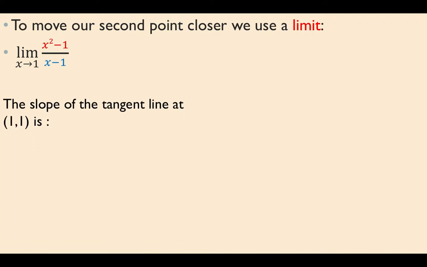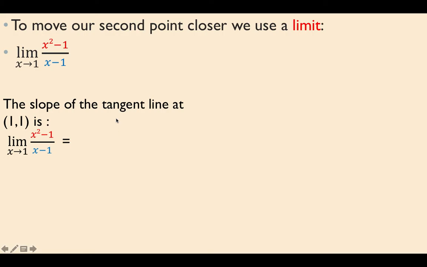So the slope of the tangent line at 1 comma 1 is, well, let's use some math. If I plug in 1 first off, I'm going to get division by 0, which is not okay. So I'm going to try to factor the top.